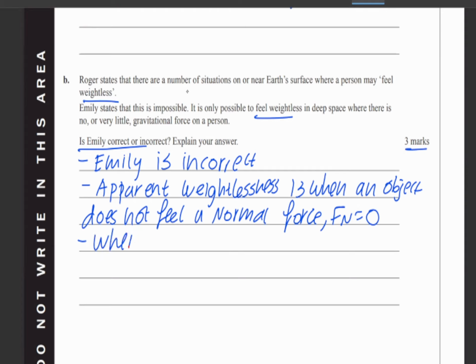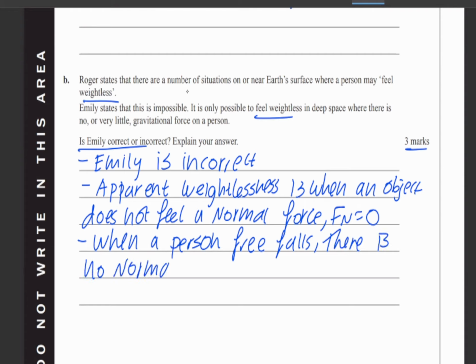When a person, I guess, free falls or skydives, there is no force exerted on the body.